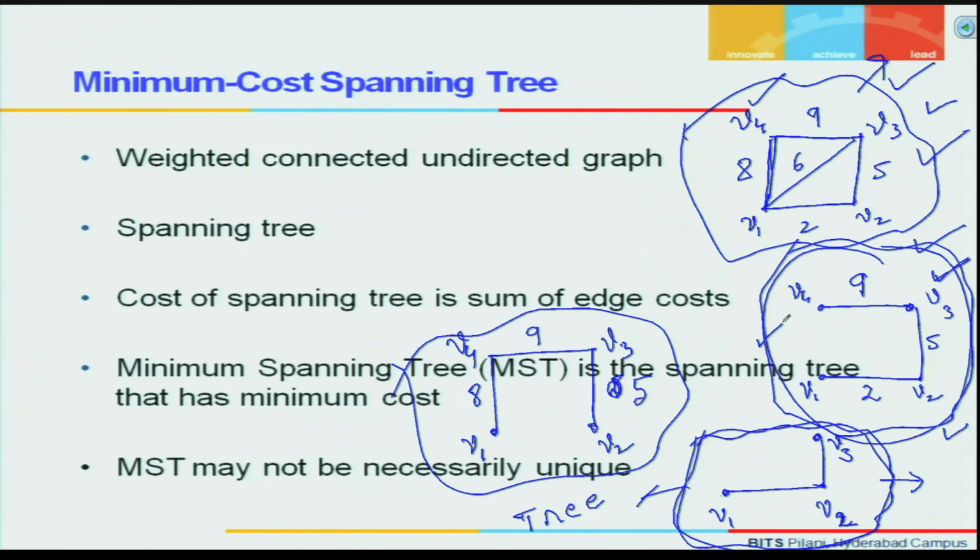There can be a couple of minimum spanning trees. Both of their costs are the same, both are spanning trees, and their cost is definitely less than the cost of any other spanning tree. So hence these two can qualify to be minimum spanning trees. So you can have more than one minimum spanning tree for a given graph.